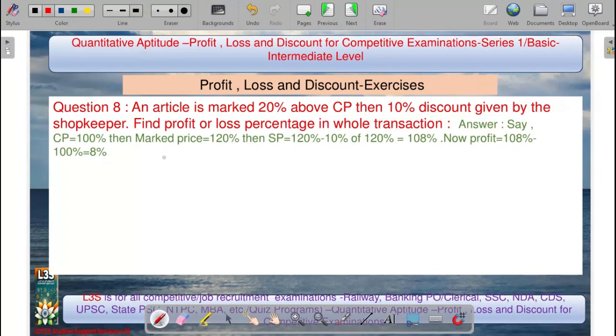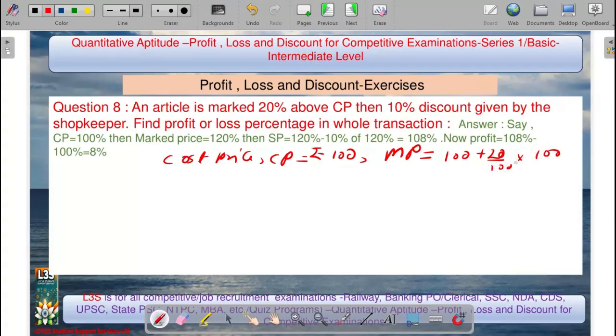So first, let's assume cost price CP is equal to rupees 100. Then MP will be, it is marked 20% above it, so 100 plus 20 by 100 into 100. So it will be rupees 120.